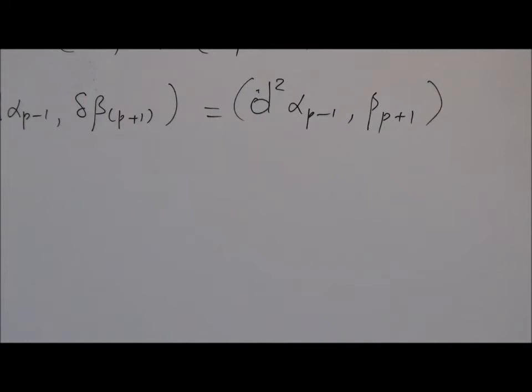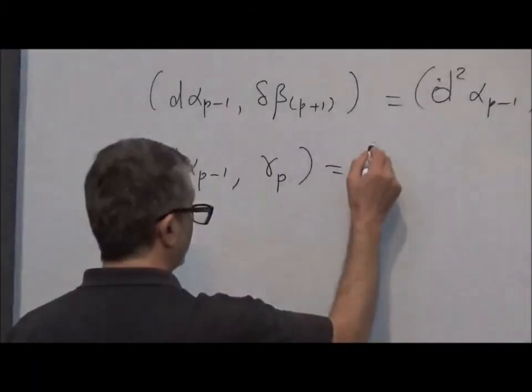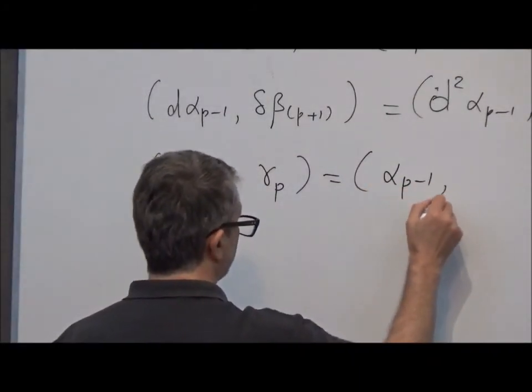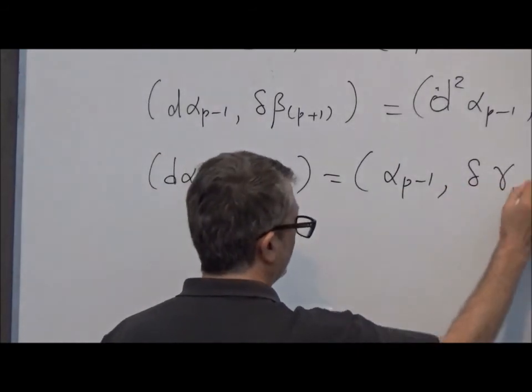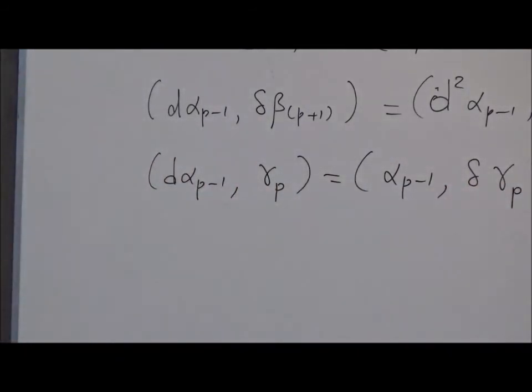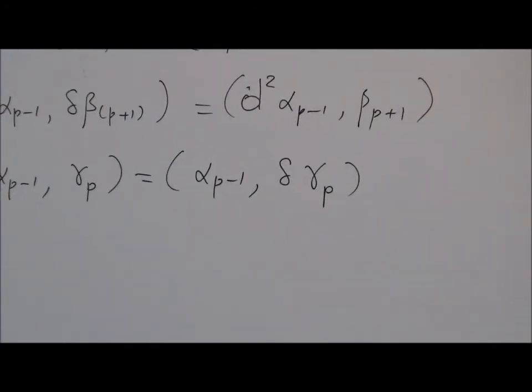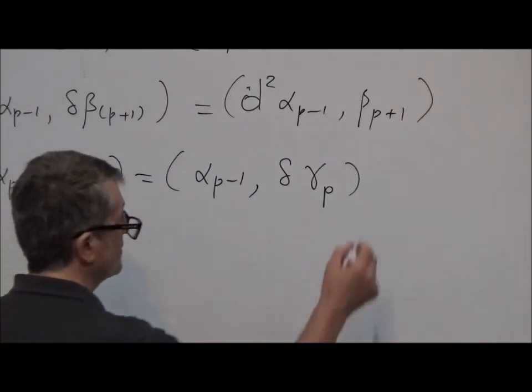How about this guy and that guy? Well, let's try it. d alpha p minus 1 gamma p. Well, this is the same as alpha p minus 1 delta gamma p. What did we prove about the harmonic forms? They're killed both by d and delta, right? So what's this thing? 0.